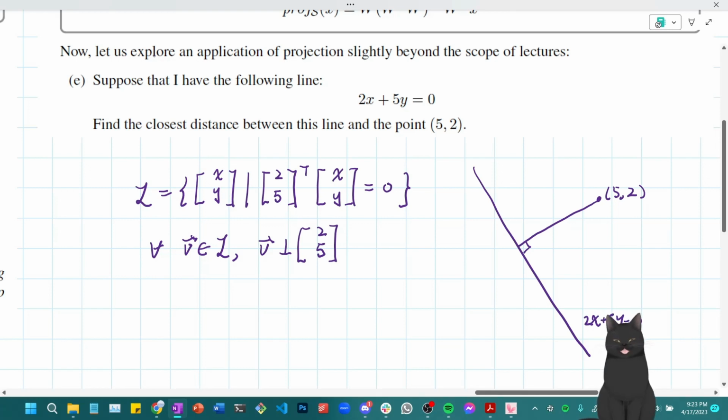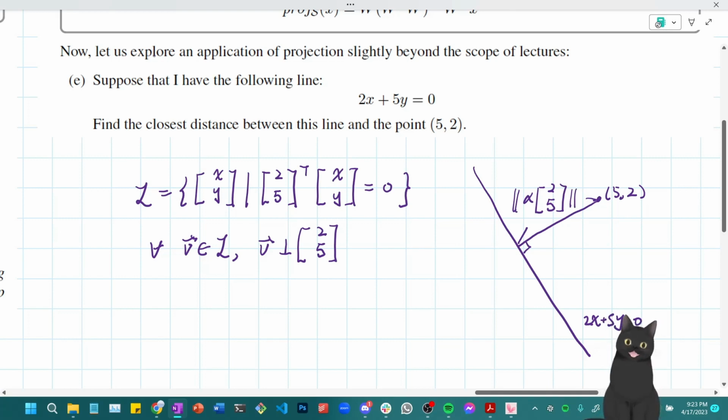I notice that the only vector that is perpendicular to every single point on the line is (2, 5). So therefore, this shortest distance here is some multiple of (2, 5). So this is also writable as alpha times (2, 5). And I'm going to say it's the length of it.